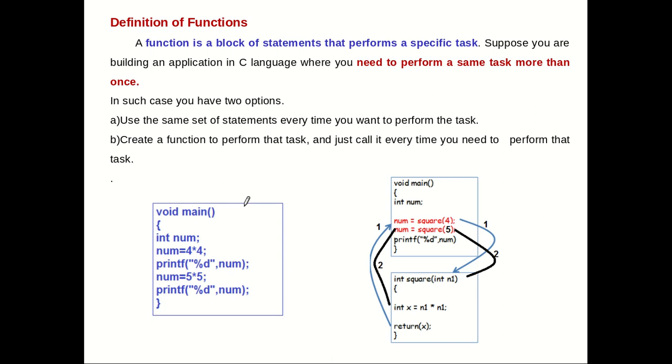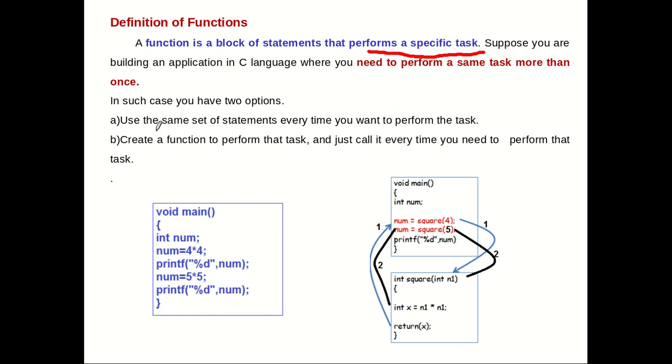Let us first understand what is meant by C functions. A function is a block of statements that performs a specific task. It is a block of code which performs a particular task. There are two ways to implement a program in C language.